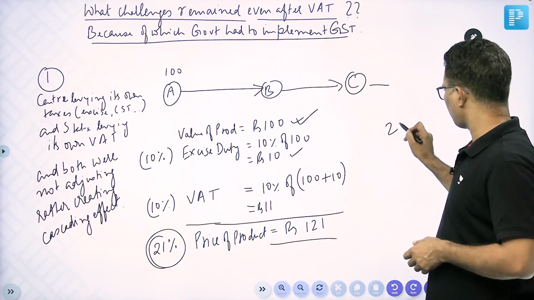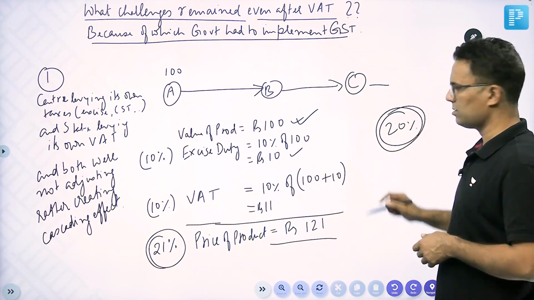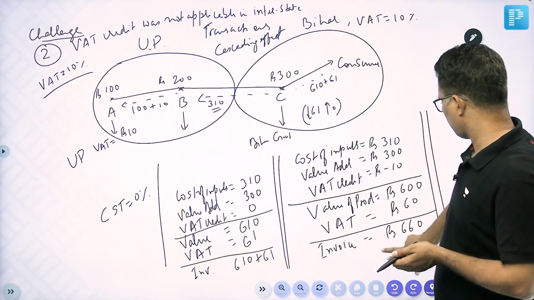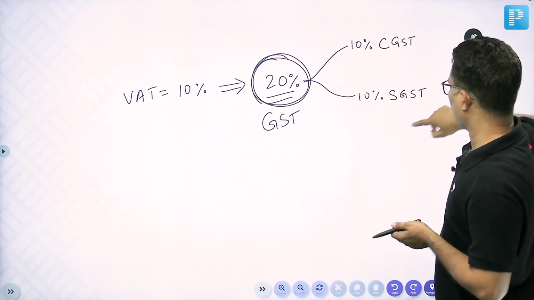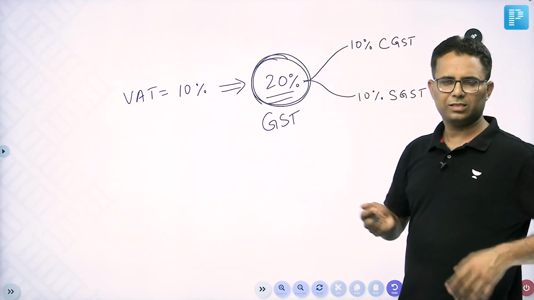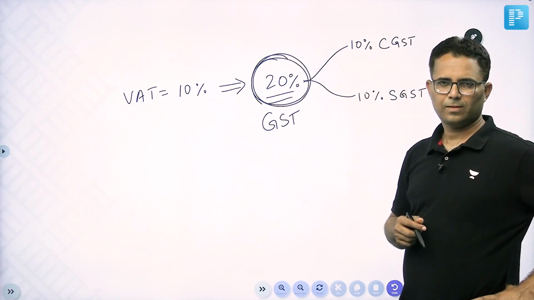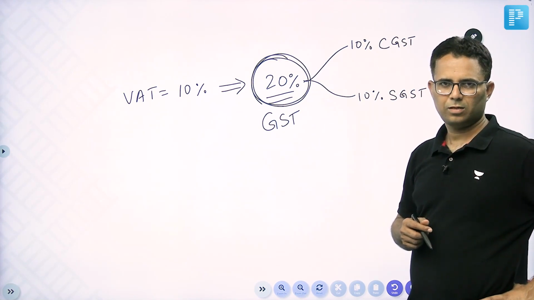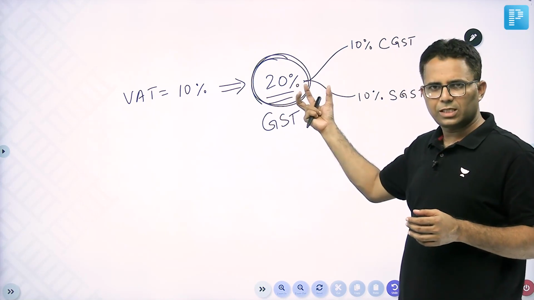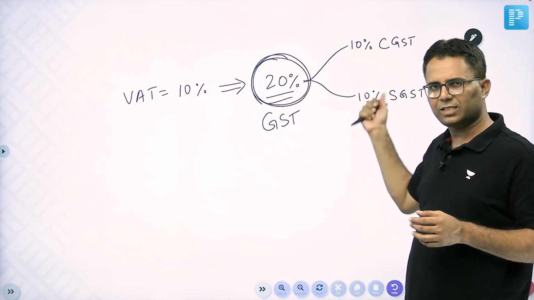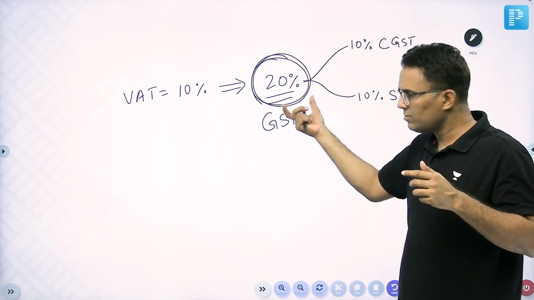Now there is a whole 20% rate, and center and states share it. The central government removed its taxes and the VAT rate was increased, and now if they are sharing, it is not creating a cascading effect because it is imposed once.